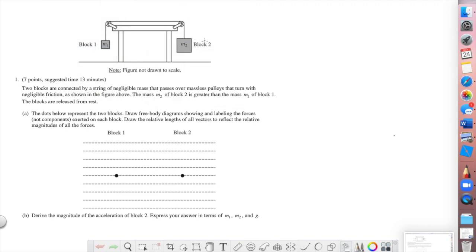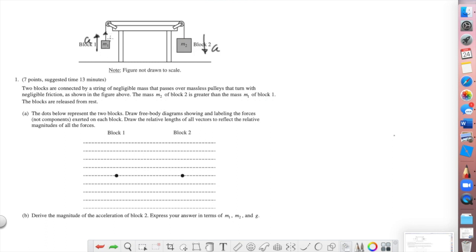So if block 2 accelerates downward and block 1 accelerates upward, let's focus on M1. In order for mass 1 to accelerate upward, the upward force must be greater than the downward force. So looking at M1, there's going to be a tension up and then force of gravity down.